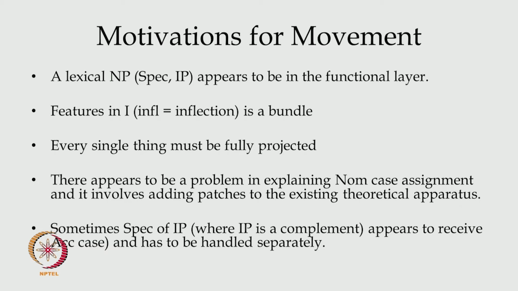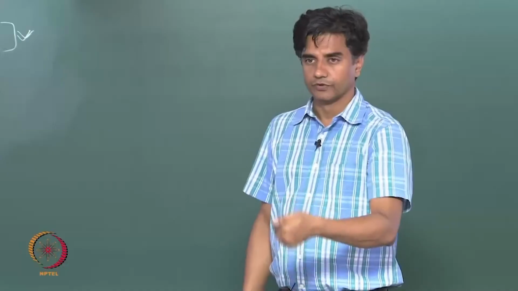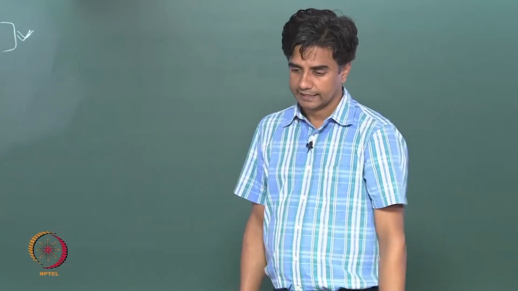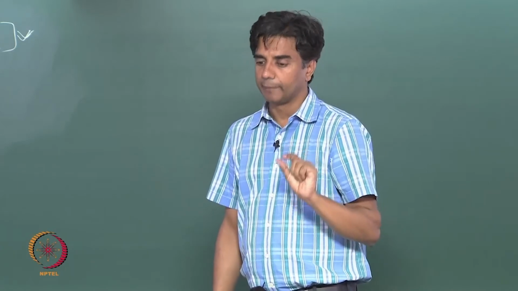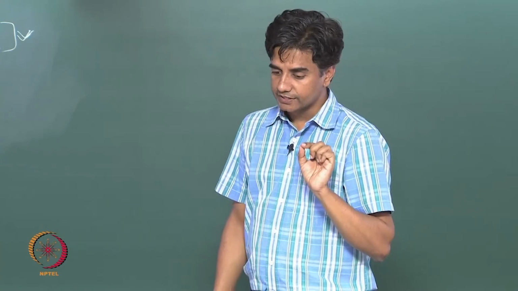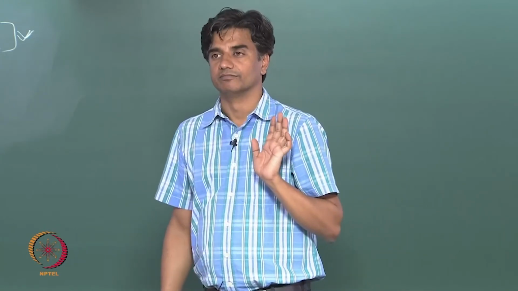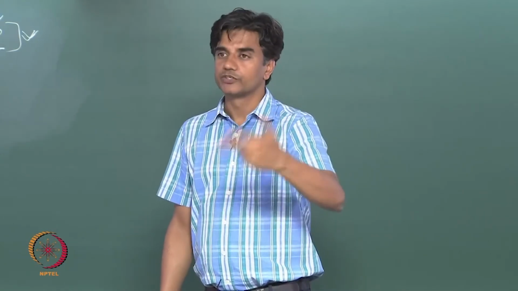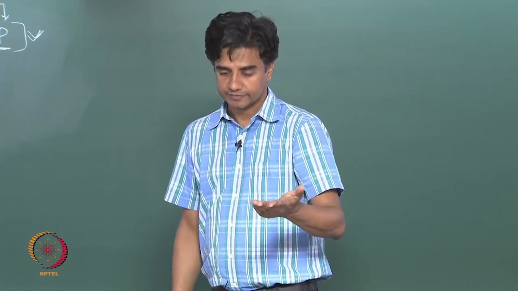First is a lexical NP. We have already discussed them, but it helps if you look at them in one place. A lexical NP appears to be in the functional layer. Features in I is a bundle. So we need to take care of these two things.